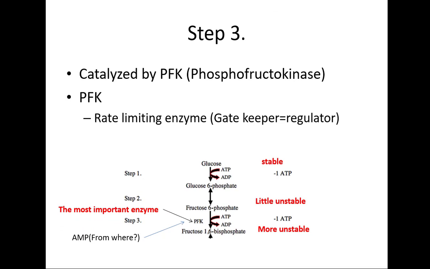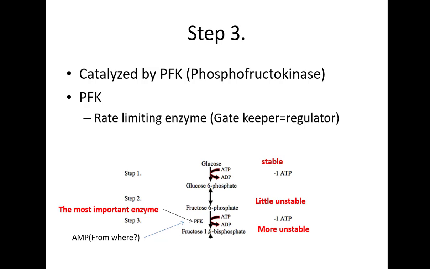Class, do you remember what the key enzyme of glycolysis is? That is phosphofructokinase, but in our class the abbreviation is totally acceptable. PFK is PFK. So step 3 is governed and controlled by PFK. PFK is the rate-limiting enzyme, a gatekeeper or regulator.